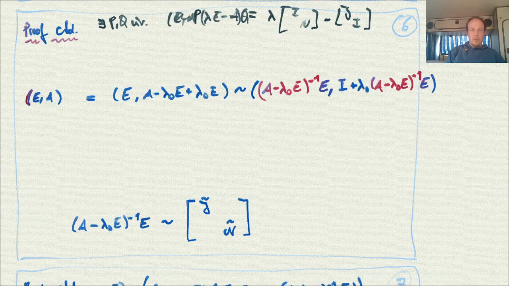We want to find P and Q matrices such that if we multiply this pencil lambda E minus A from the left and the right, then this will look like lambda I_n minus J, I.